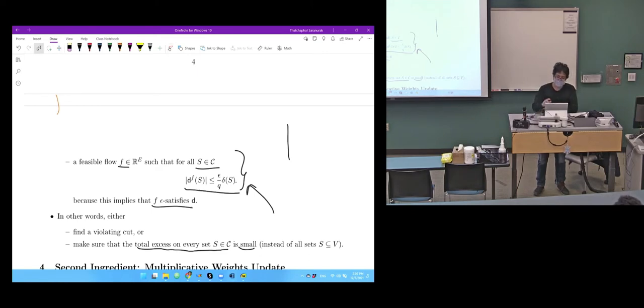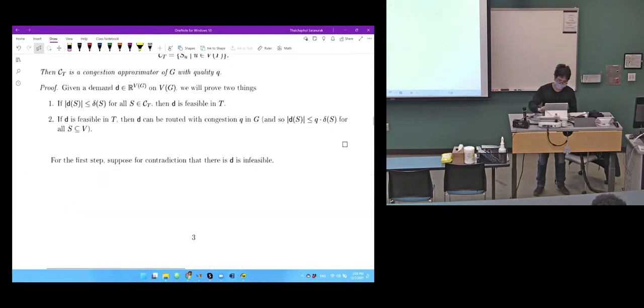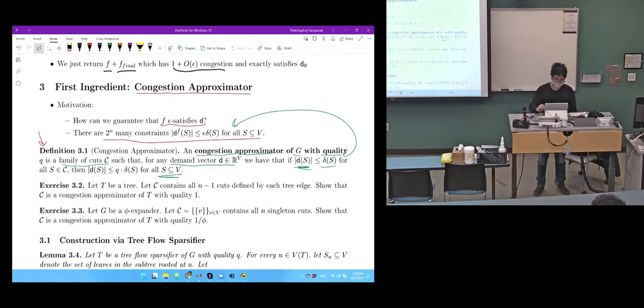Okay. So if you have a congestion approximator, you're good. But now I need to convince you that it actually exists. Before I tell you why it exists, let me give you some example.